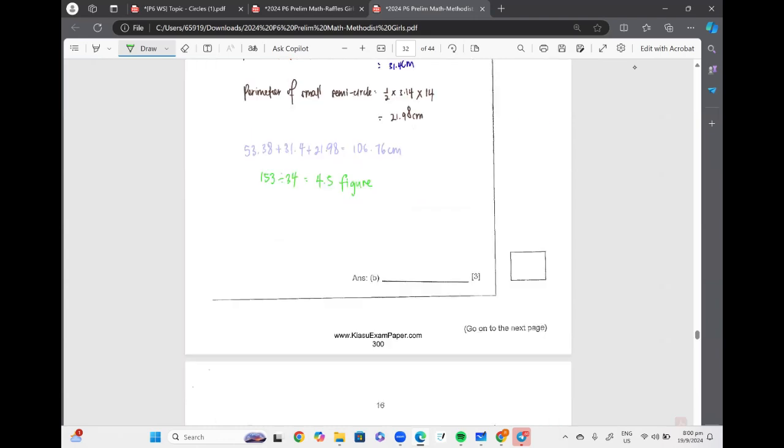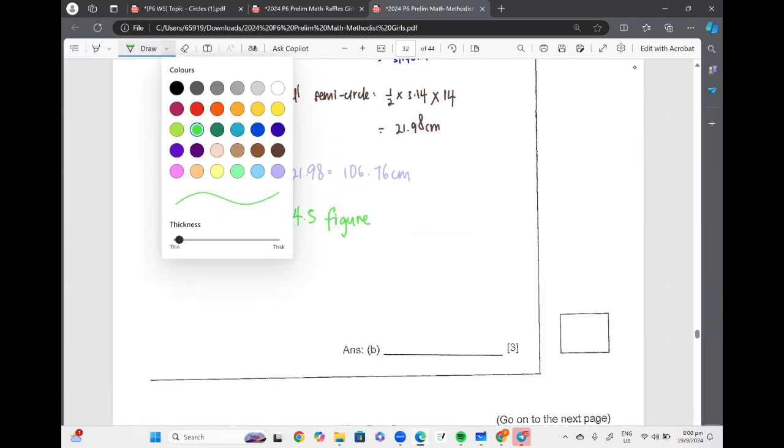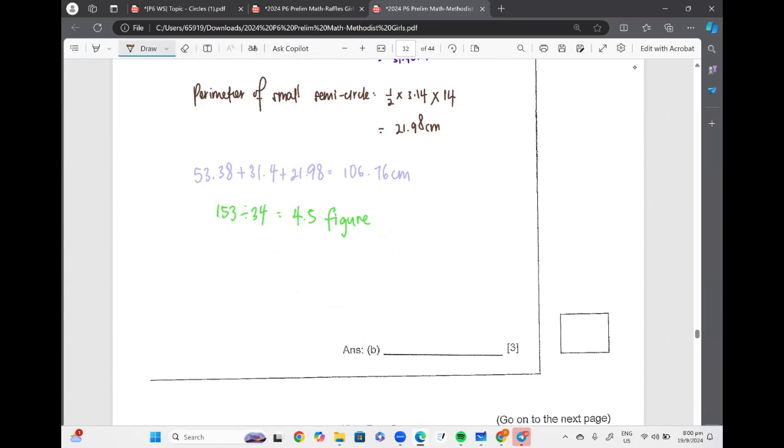The parameter of 4 figures would be 4 multiplied by 106.76 cm, which is technically 427.04 cm. This is 4 figures.